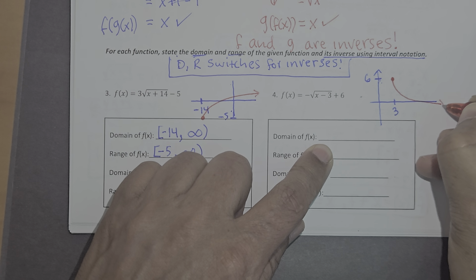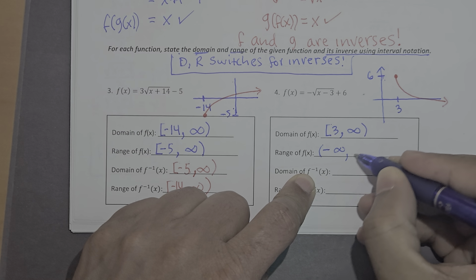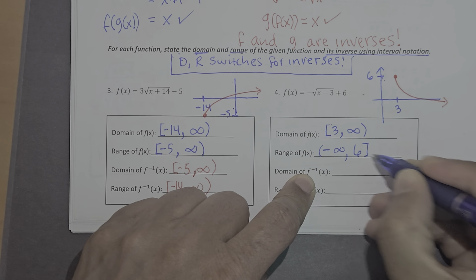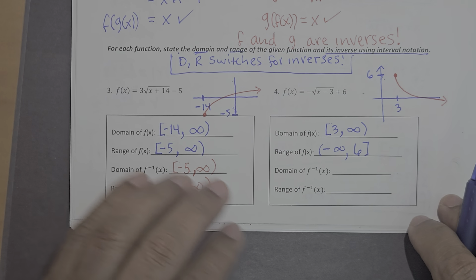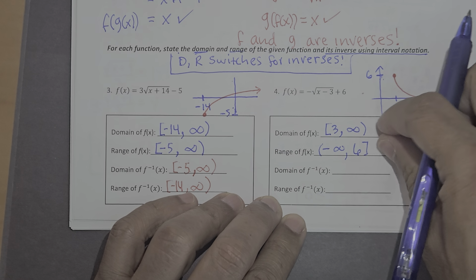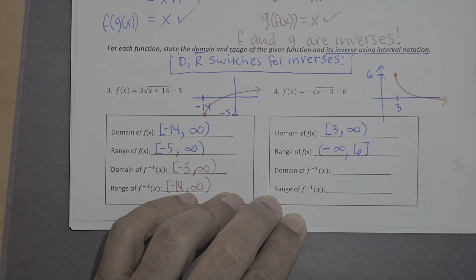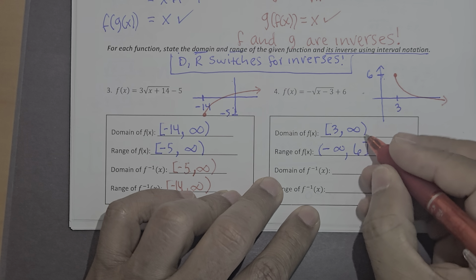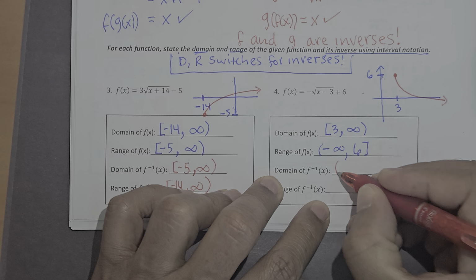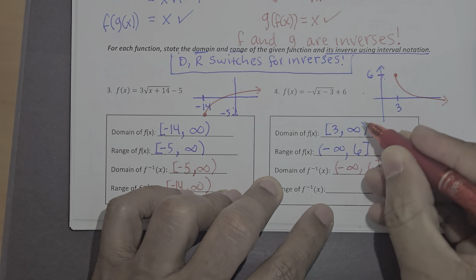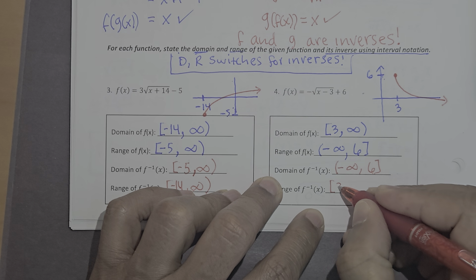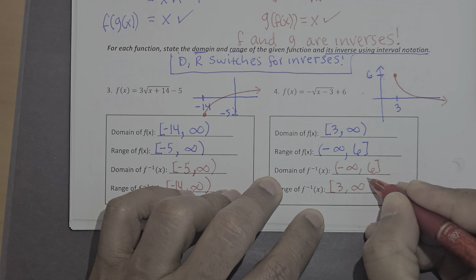But then the highest it's going to go is 6. And this gets a bracket because it doesn't go any farther than that value for y. So once you have domain and range of f of x, then switch them to get the domain and range of its inverse. So then the domain of this one is negative infinity to positive 6, and the range is from 3 to positive infinity.